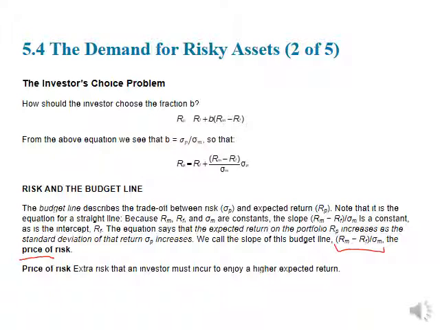So since the risk in your portfolio is just the fraction you have invested in the market multiplied by the risk in the market, your optimal amount to invest in the market is just the ratio of risk to your portfolio over the ratio of risk to the market.